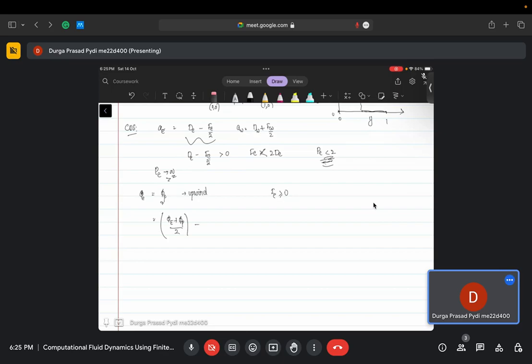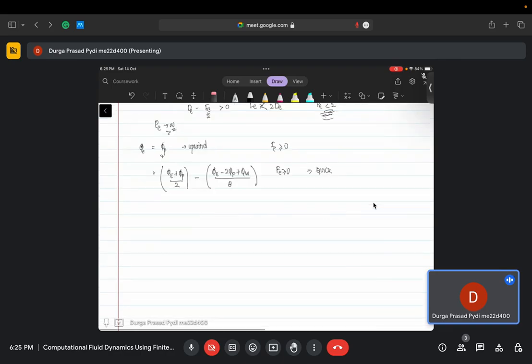This is for F positive, and this is what you use in a QUICK scheme. The problem here is also very similar. You can see the coefficients can go negative, right? You have a minus 1 by 8 term coming for phi west. So here again you might have coefficients that are negative. What is the problem with negative coefficients?